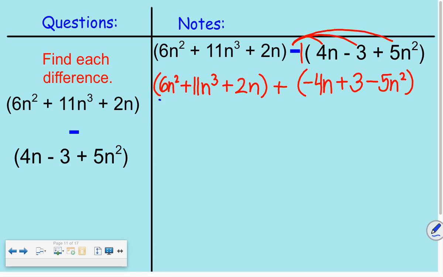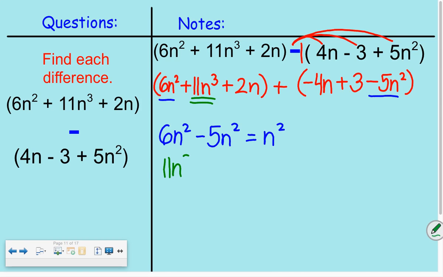So then 6n squared and negative 5n squared can be combined. 6 minus 5 is 1. 11n to the 3rd can't be combined with anything, so I'll just write that down by itself. 2n and negative 4n can be combined. 2 minus 4 is negative 2.